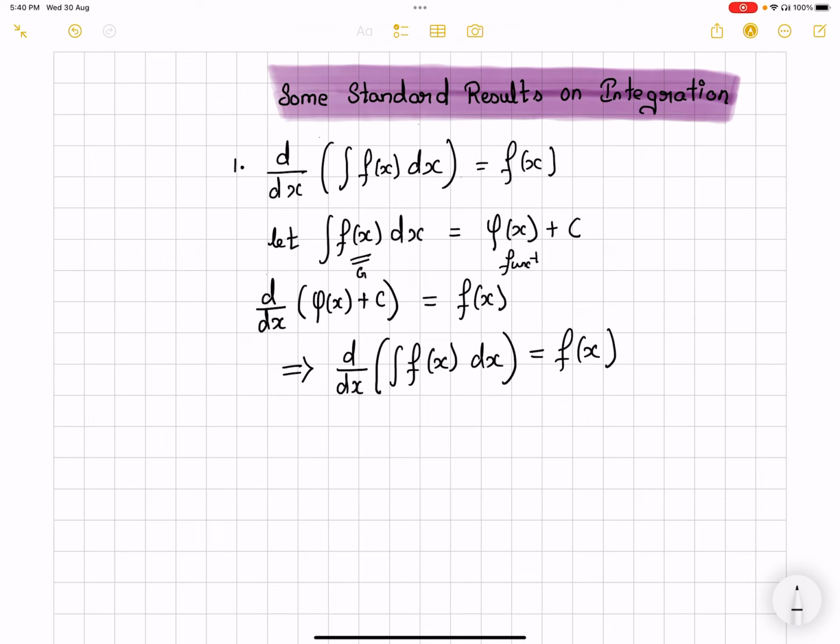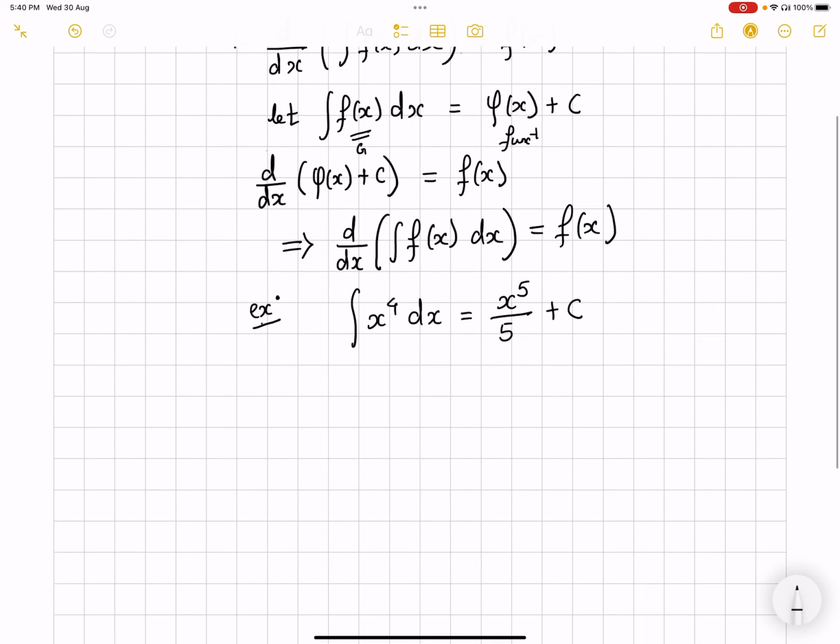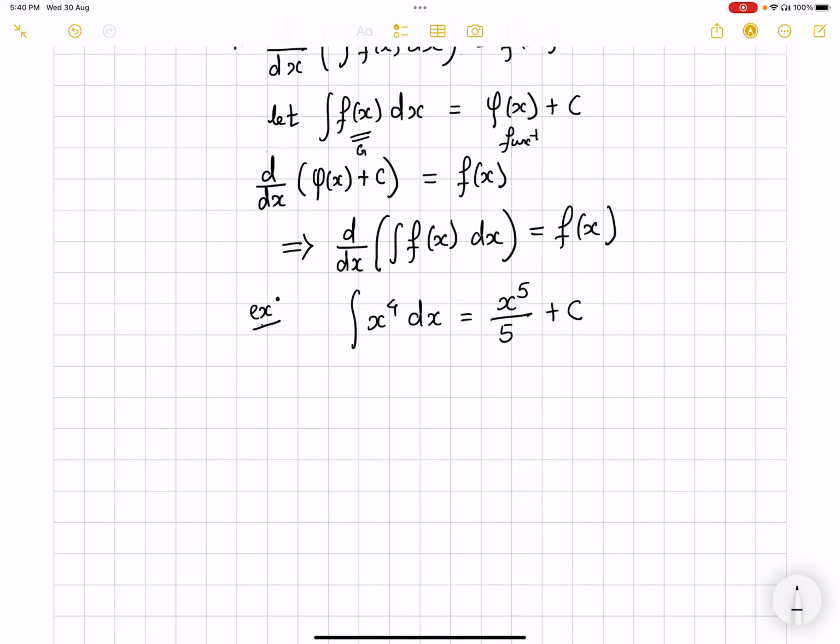So if you want, let's see with an example. Suppose when I integrate x to the power 4 dx, I would be getting x to the power 5 by 5 plus c. It's an indefinite integral, so obviously I would be getting c.